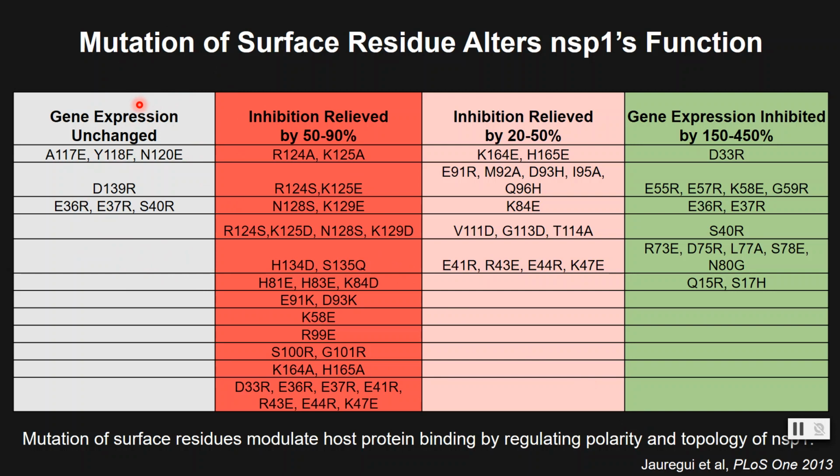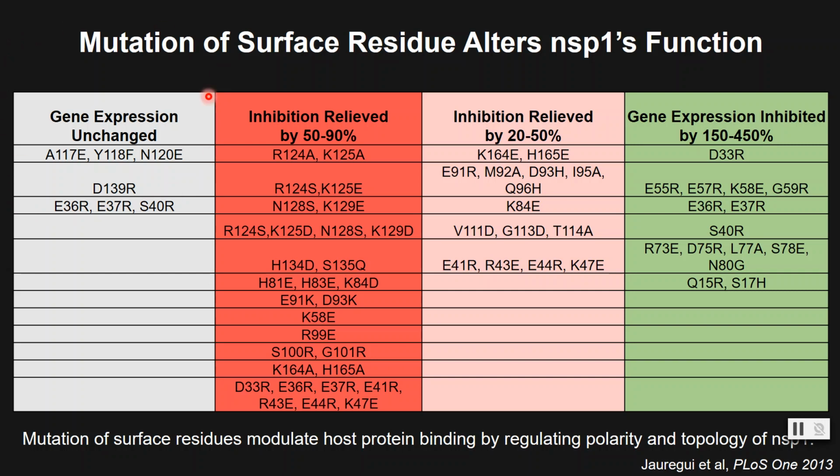So remember again, NSP1 binds to host messenger RNA, stalls protein synthesis, cleaves the messenger RNA, leaving no more template for further protein synthesis. So in this experiment, they were measuring how host shutoff activity by NSP1 was affected by these mutations.